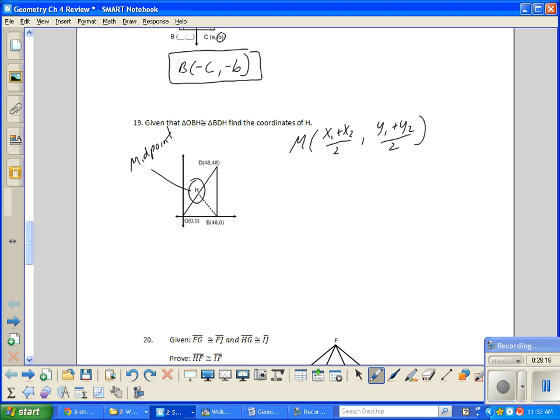And so from there, our midpoint is going to be, we're using the coordinates of D and O. So we got 48 plus 0 divided by 2 and 48 plus 0 divided by 2. Or that midpoint is going to be 24, 24.